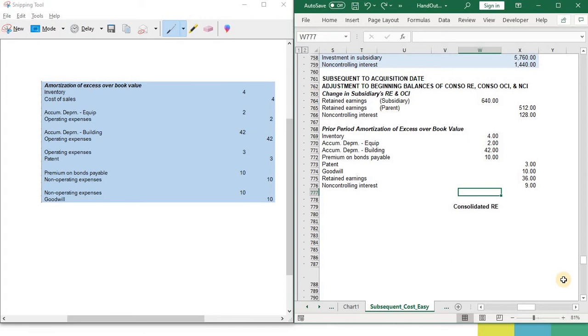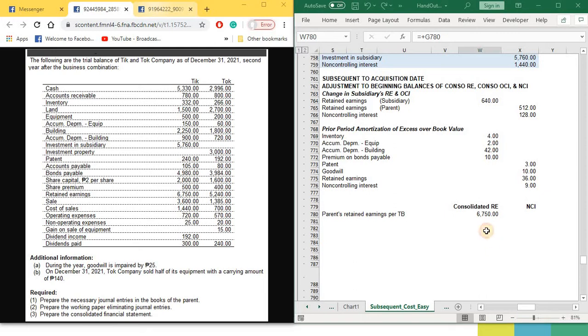So for the parent's contribution or the parent's portion on the consolidated retained earnings, we will get the parent's retained earnings in its separate trial balance, which is 6,750.